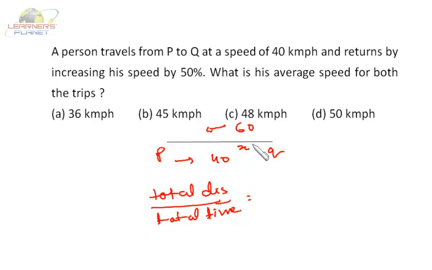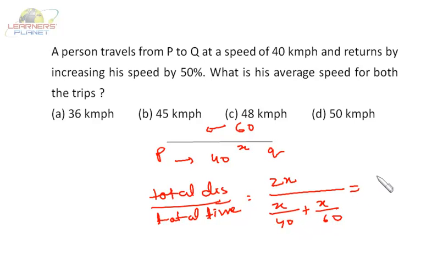It is x kilometers while going and x kilometers while coming, so it's 2x kilometers, and we have to find out the total time. While going the time was x by 40, that is distance by speed is the time. And while coming the time was x by 60. So this is the total distance and this is the total time.